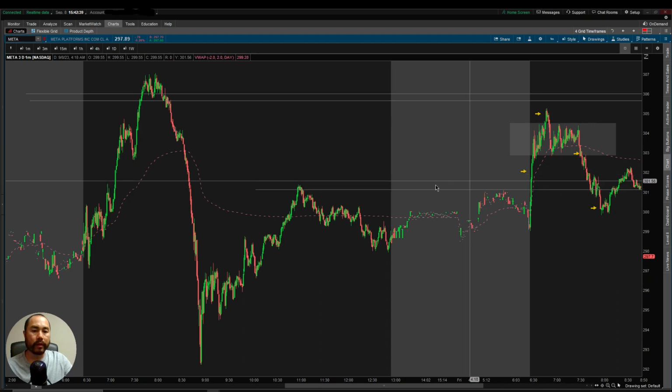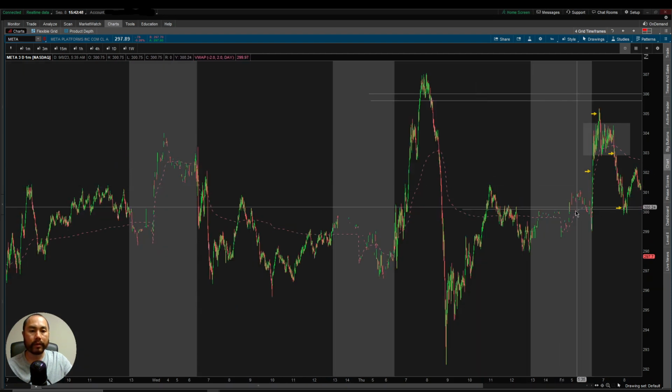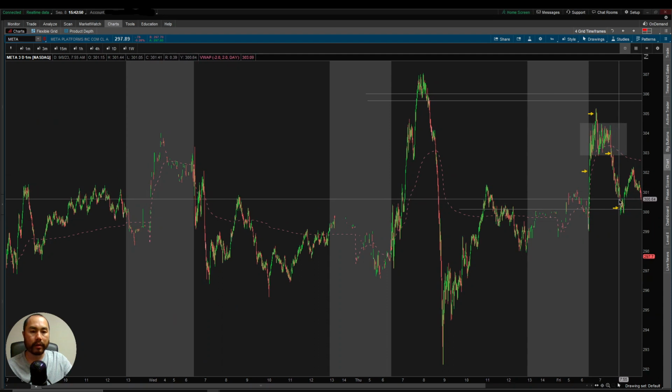Well, I got some out here because this was the previous resistance. But down here because you can see better like this. Resistance, support, resistance, resistance, support. So I caught that move and I caught that move. Great.